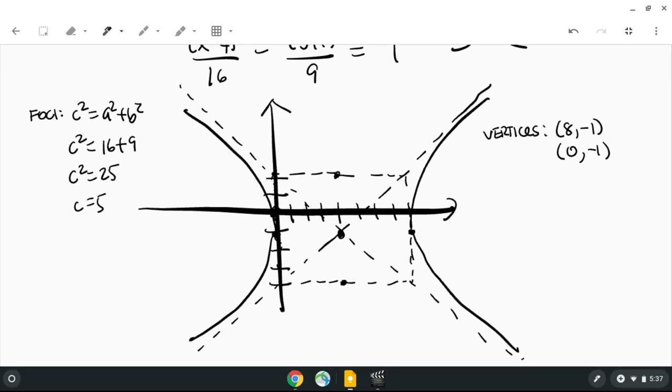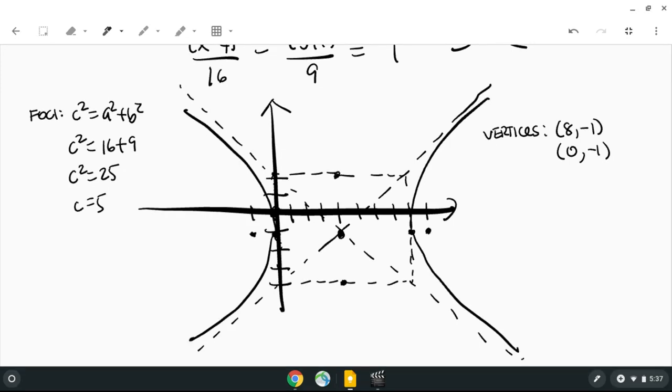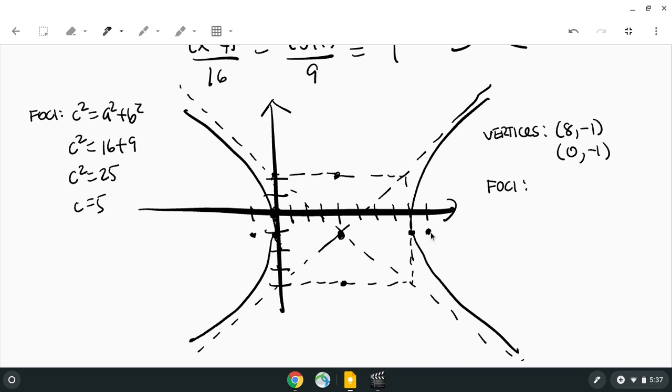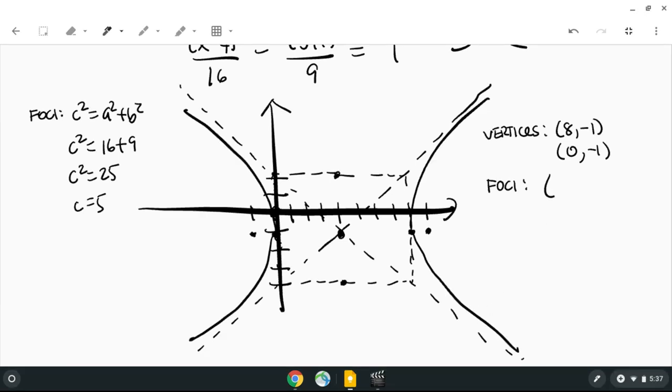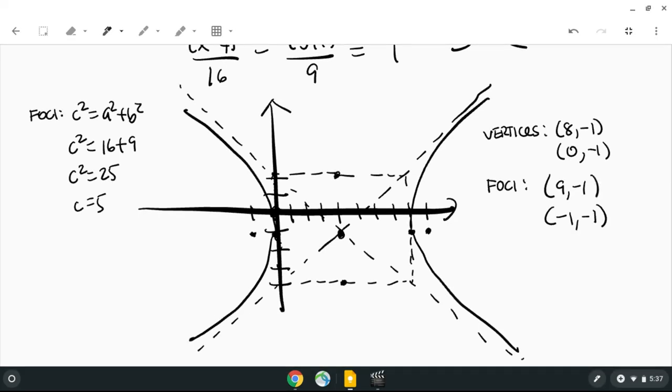So from the center, 1, 2, 3, 4, 5, and this way, 1, 2, 3, 4, 5. So my foci are at, well, that's 8, so that's going to be 9, -1. And this one is -1, -1.